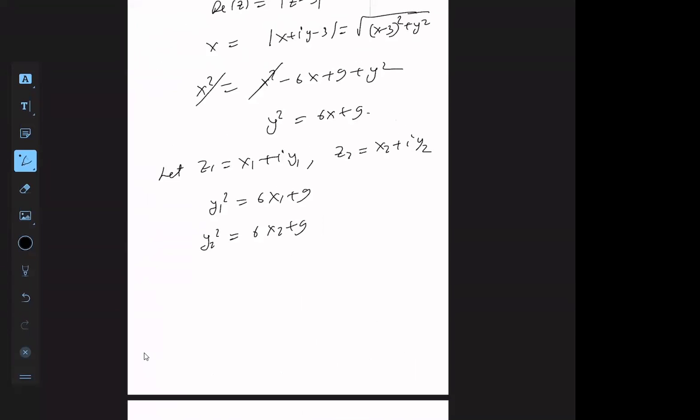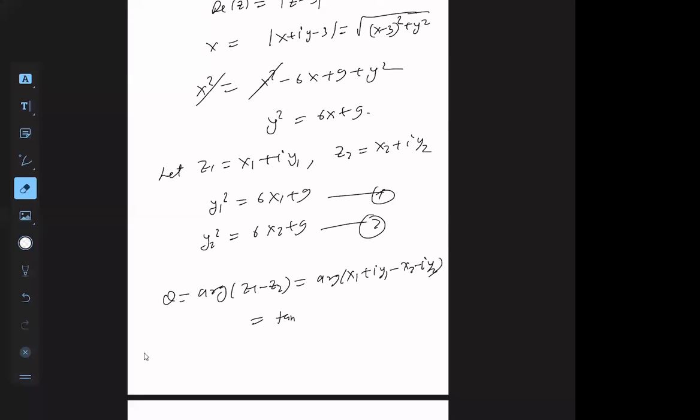तो पहले चलो अभी देखते हैं हमको ज़रूरत क्या होती है। अच्छा, हमको गिवन है आर्गुमेंट ऑफ z1 माइनस z2। So what will be the z1 minus z2? Z1 minus z2 will be x1 plus iy1, x2 minus iy2. So argument will be, this is theta. Theta is given pi by 3. Given कि नहीं given है?